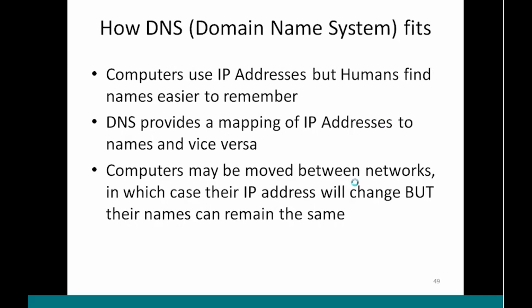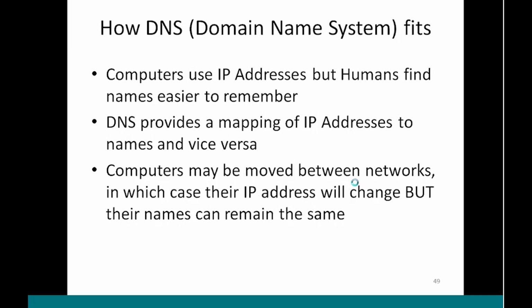It actually goes both ways. So we can see the domain name of a particular IP, or if you have a domain name, you can convert it to the IP address of that machine.